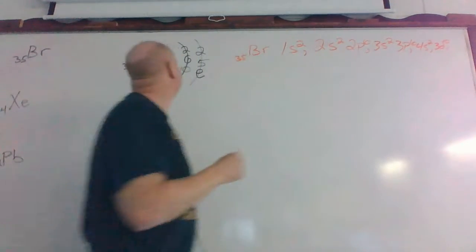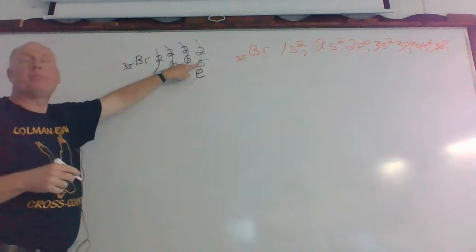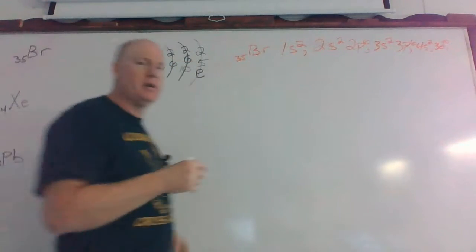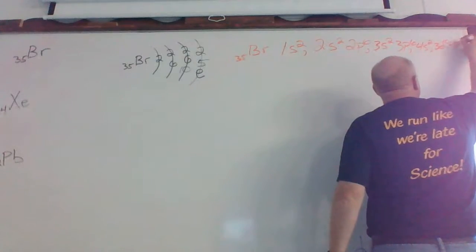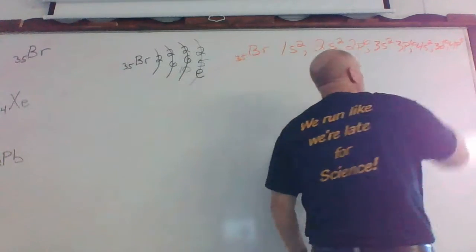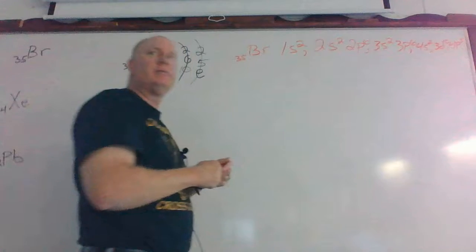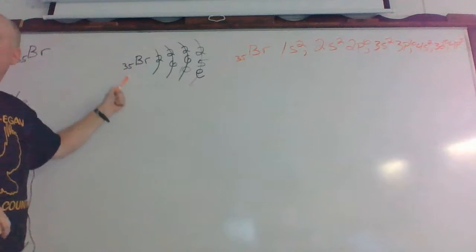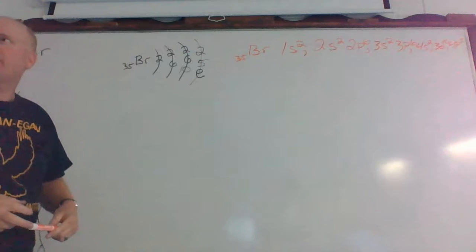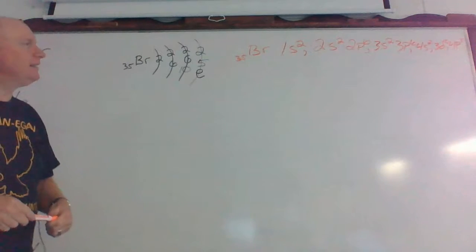Then what? 4p5. There they are. So, we're going to have just enough room. If we add all them exponents together, surprise, surprise, you're going to get 35.